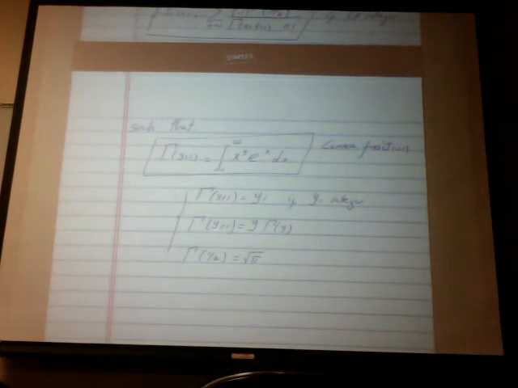All right, so let's finish up with what Y looks like. We showed what J looks like, now what Y looks like.